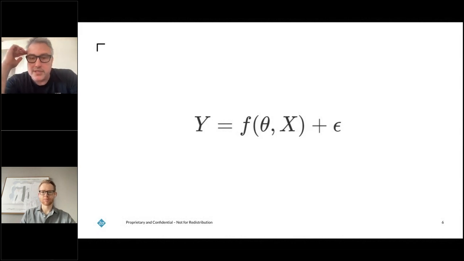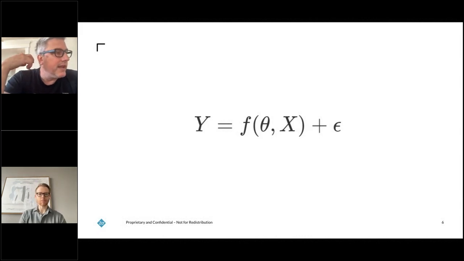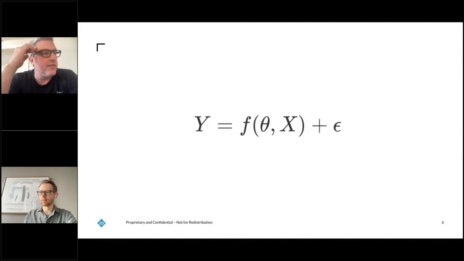If we go to a computer science program and do linear algebra, we learn the matrix version of this, where x is a matrix and y is a matrix, and we want to solve for the parameters that solve that. And finally, in machine learning, we have the same equation, but we're now trying to find this function f that minimizes the error, epsilon, to learn the values of theta, which are our modeling parameters.